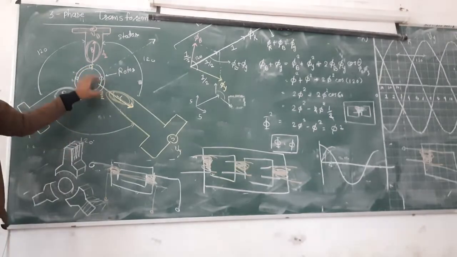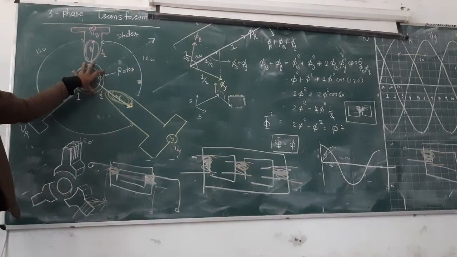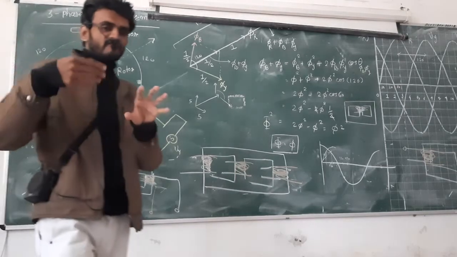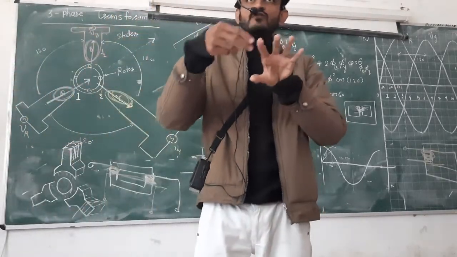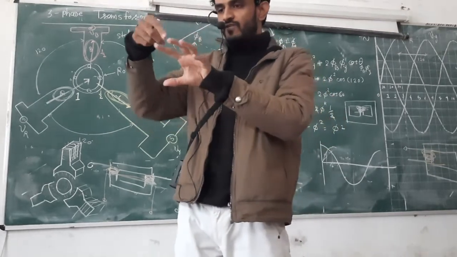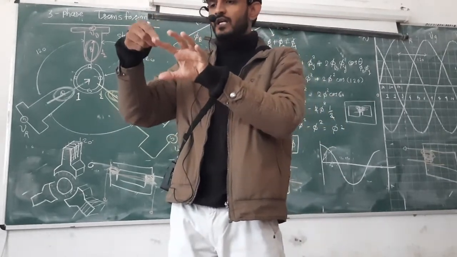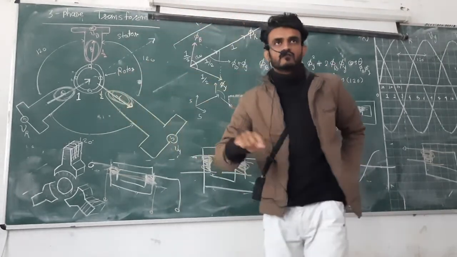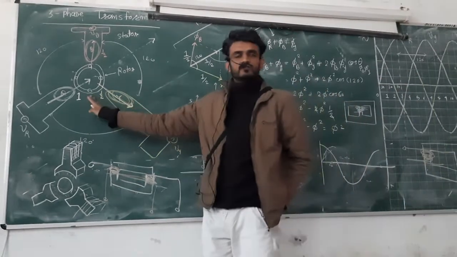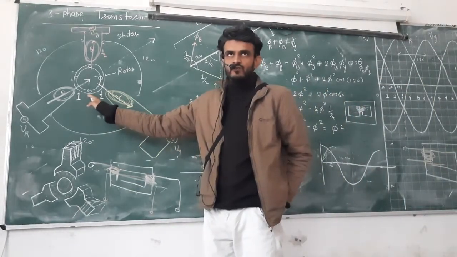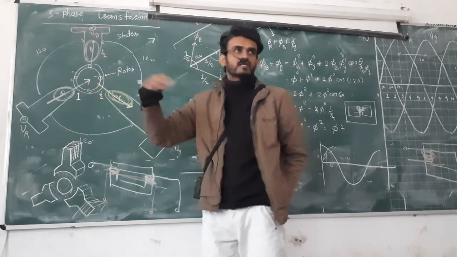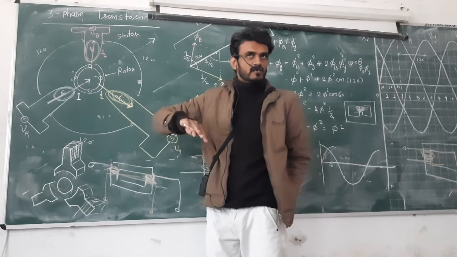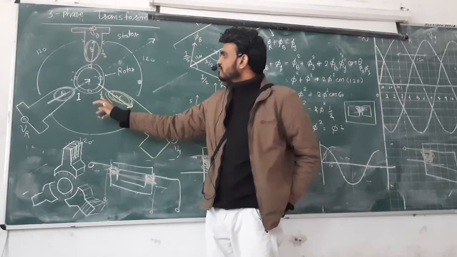And whenever there is a flux rotating and the conductor is steady, those conductors will experience the flux cutting through the conductor perpendicularly. Whenever the flux cuts the conductor perpendicularly, it will generate an EMF inside it. And whenever there is EMF, according to Faraday's law, there will be motion. It will experience a force because the current carrying conductor has a magnetic field, another magnetic field is rotating in this direction, and when two magnetic fields interact with each other, you will have a force.